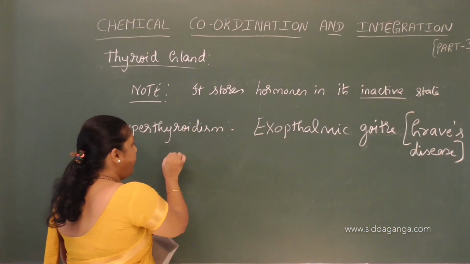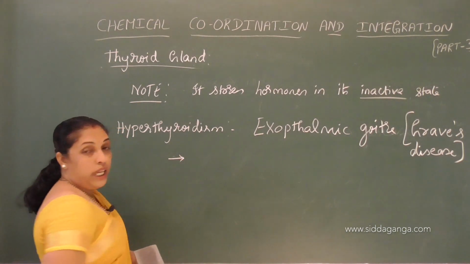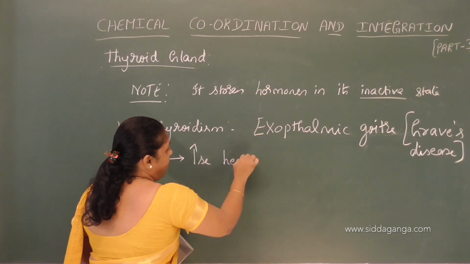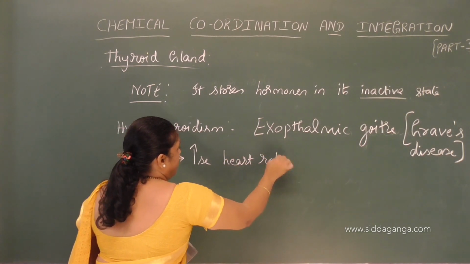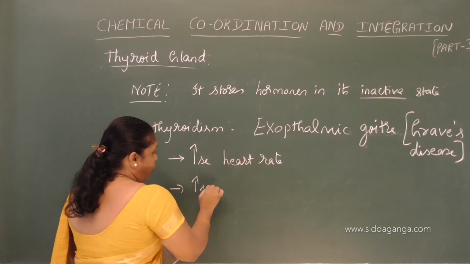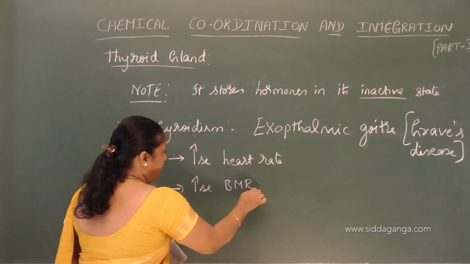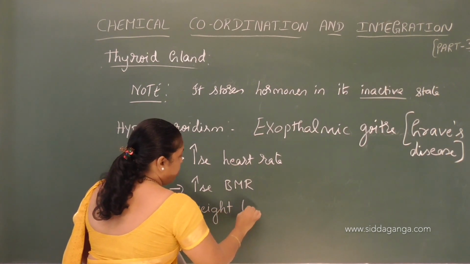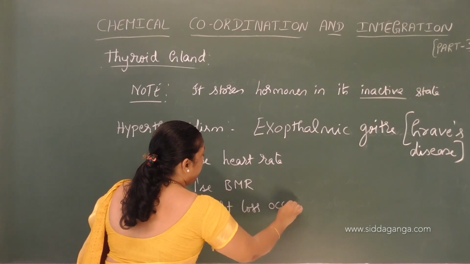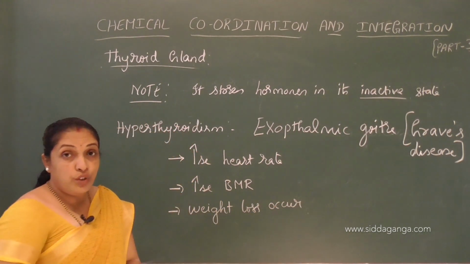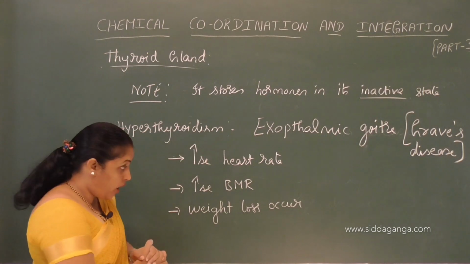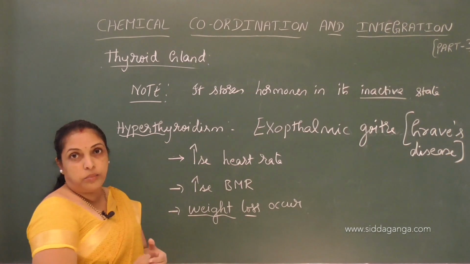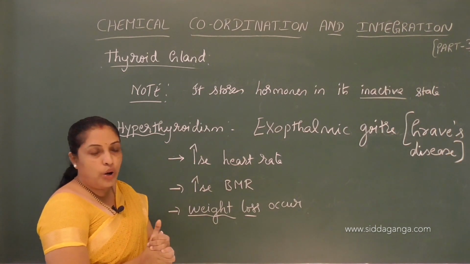So in the hyperthyroidism cases, we see increased heart rate, tachycardia, increased basal metabolic rate BMR, and weight loss occurs. Weight loss occurs in spite of regular intake of food, in hypersecretion of thyroid hormones.